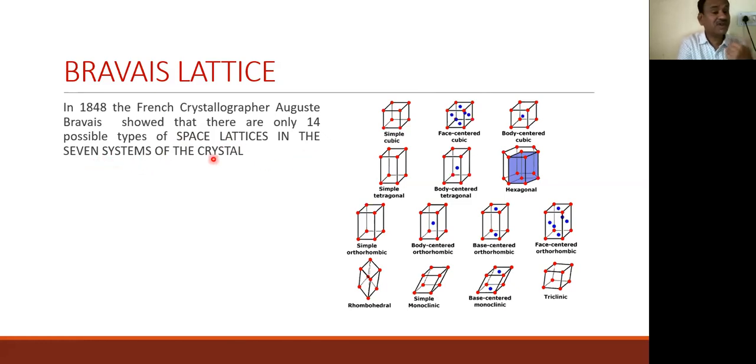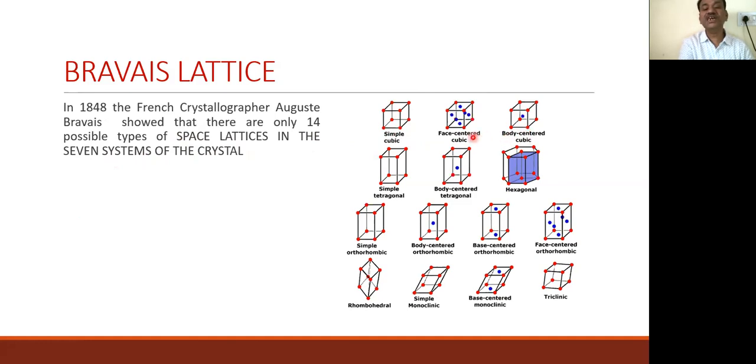Already I said that there are 7 crystal systems. I said one is simple cubic, orthorhombic, triclinic, hexagonal. I told you, like that. Here you say simple cubic, and here also it is cubic. In the cubic, one is simple. Next is face center. Next one is body center.